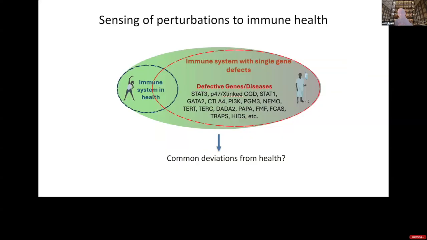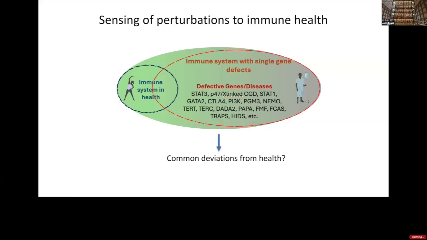At the start of this project, more than a decade ago, the question was: are there common deviations from health that we can detect from these very diverse patients with monogenic lesions? Typically, these patients suffer from a highly penetrant, high effect mutation that impacts, for example, the STAT3 or STAT1 gene, or PI3K. These are key signaling molecules and sensors in the immune system.